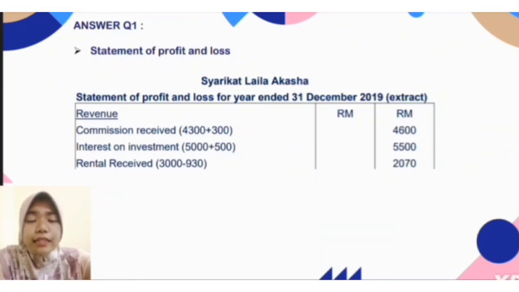For interest on investment, 5,000 from the trial balance, you must add 500 from the additional information, and you can get 5,500. For rental received also, 3,000 from the trial balance, you must deduct the amount from the additional information, 930, and you get 2070.